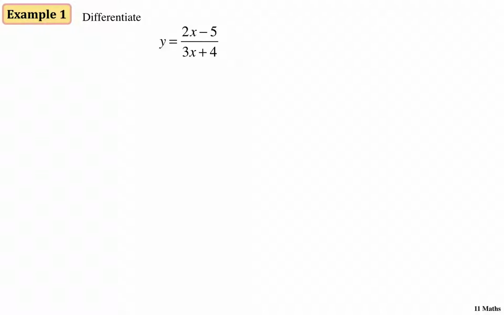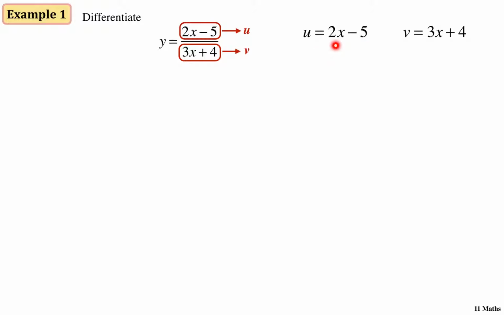So let's look at the top of the fraction separately to the bottom of the fraction. The top of the fraction we call u. The bottom of the fraction is called v. So that means u equals 2x take 5 and v will equal 3x plus 4. Let's figure out what the derivative of u is.